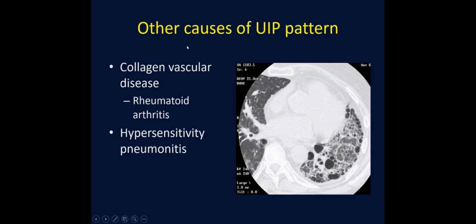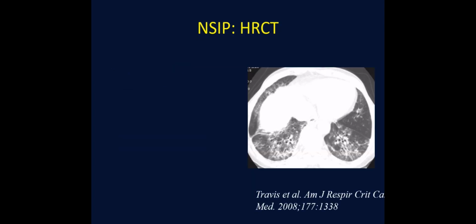Briefly, we need to say that UIP is not always idiopathic. It can be seen in collagen vascular diseases, particularly rheumatoid arthritis, and may be seen in hypersensitivity pneumonitis. Now we're going to move on to NSIP. If you look at the textbooks or the articles that have been published on the CT appearances of NSIP, you're going to be confused because there's a wide variety of appearances.